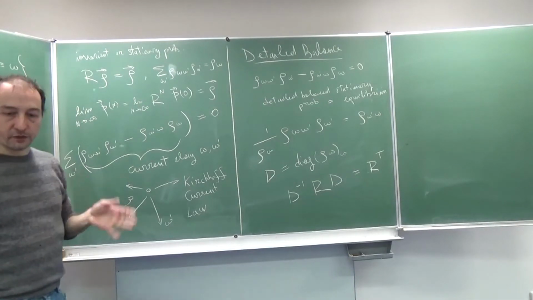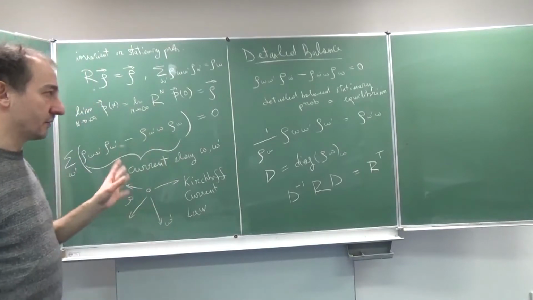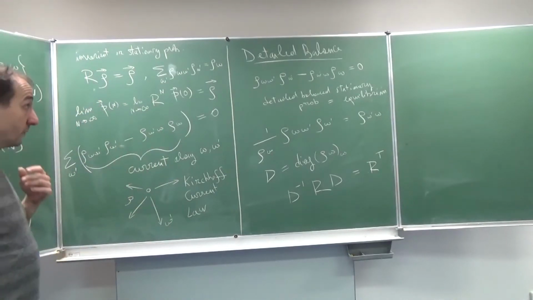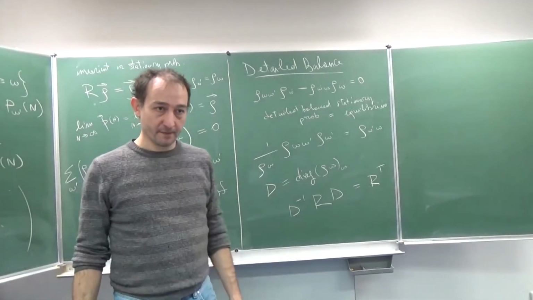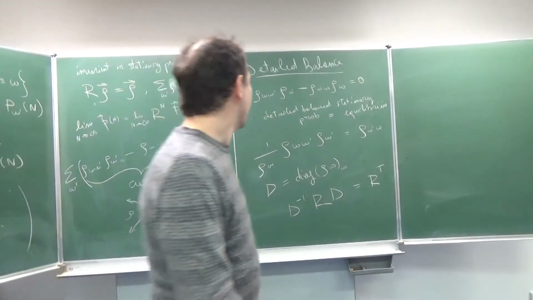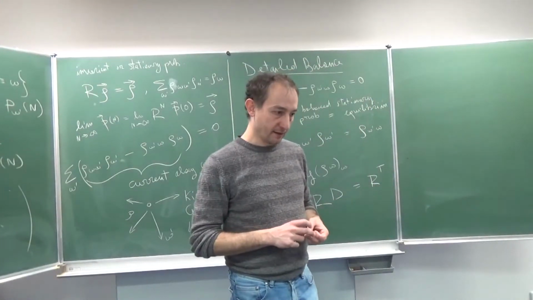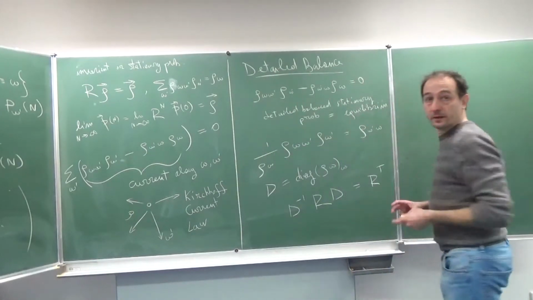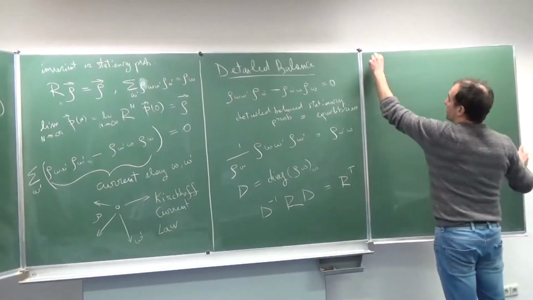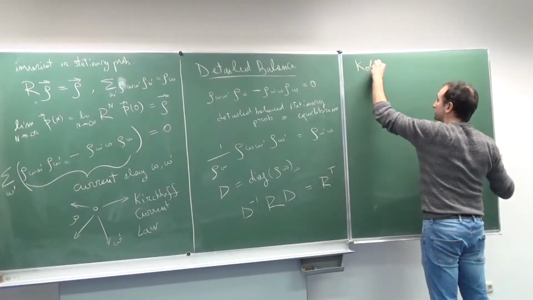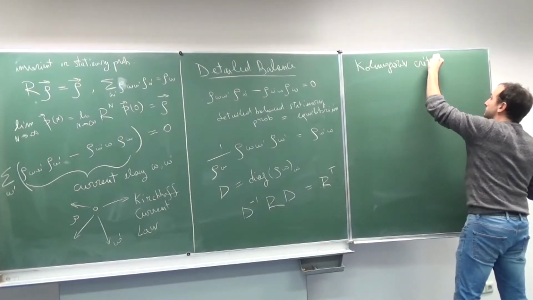It involves beautiful math with spanning trees and all things that we will not look into. But there is a much simpler criterion for detailed balance, which does not require calculating the steady state probability, which is called the Kolmogorov criterion.